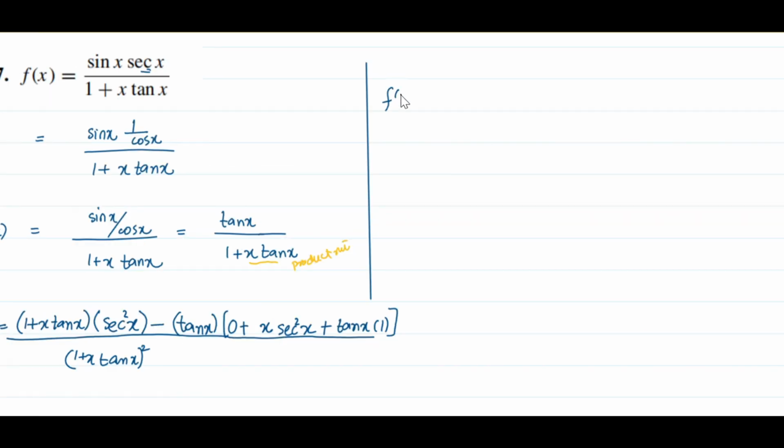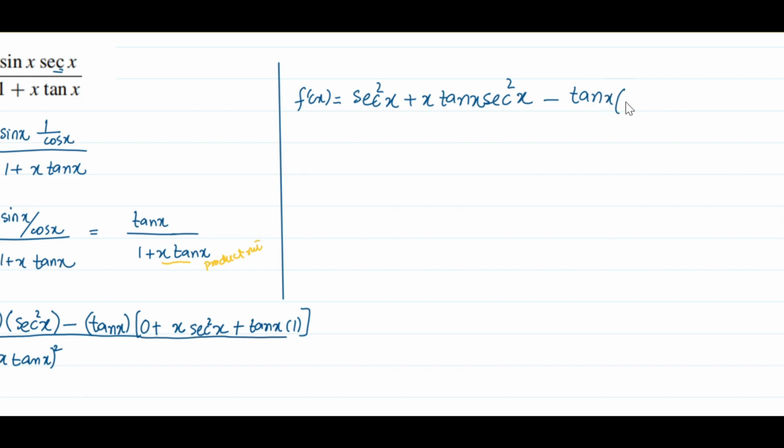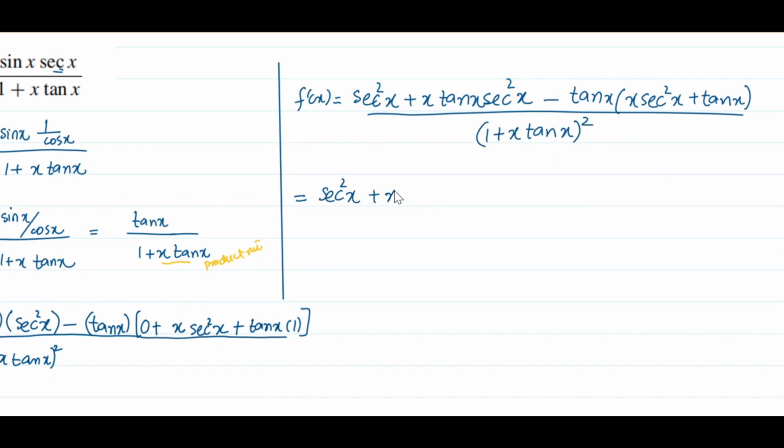So when we simplify, we have 1 times secant square is secant square, plus x tan of x secant square, and minus tan of x multiplied with the inside terms.